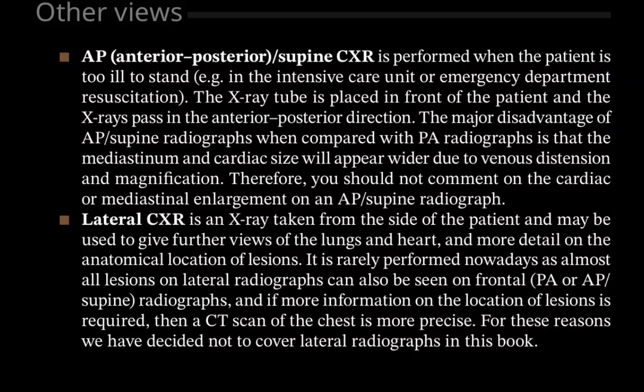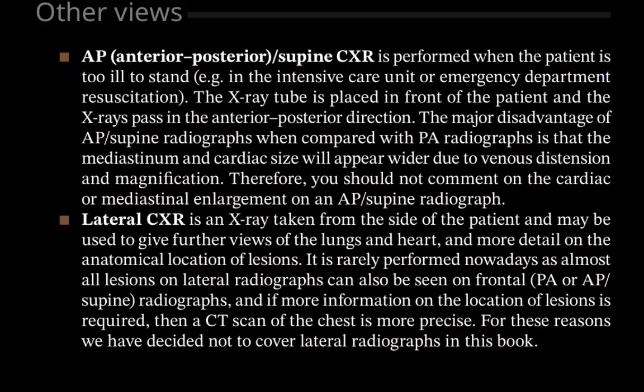Back to the text. Lateral chest X-ray is an X-ray taken from the side of the patient and may be used to give further views of the lung and heart, and more detail on the anatomical location of lesions. It is rarely performed nowadays, as almost all lesions on lateral radiograph can also be seen on frontal radiograph, either PA or AP radiograph or supine.